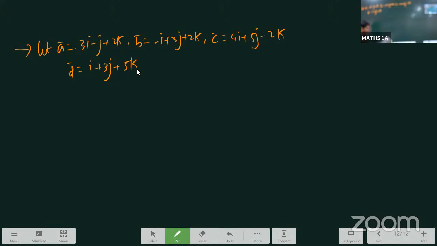So your A bar is given as 3i minus j plus 2k, B bar is minus i plus 3j plus 2k, C bar 4i plus 5j minus 2k, and D bar i plus 3j plus 5k. Okay. Then compute the following.